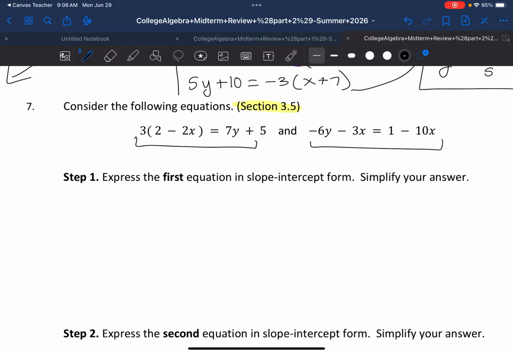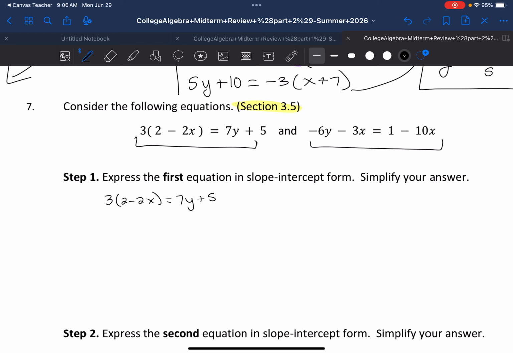So step 1 wants me to express the first equation in slope-intercept form. So I'm going to take this equation here and rewrite it. And now I'm going to work on getting y by itself.